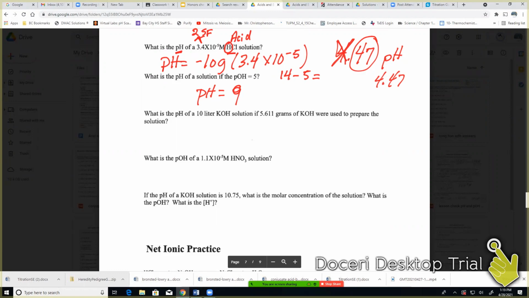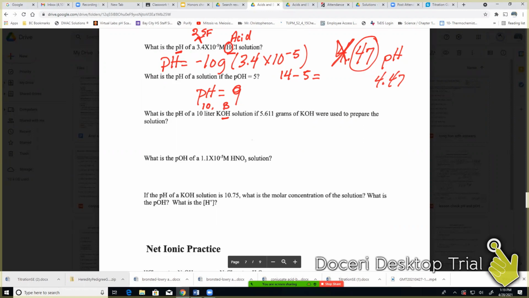All right. The next one says, what is the pH of a 10 liter, and if you'll make that 10 with a decimal behind it so it'll have 2 sig figs, I hate working with just 1 sig fig, potassium hydroxide, so it's a base. And then it shows how many grams I have of it.